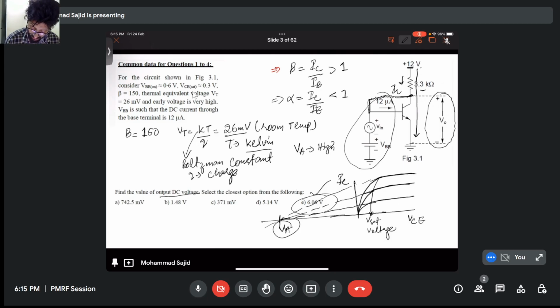But here this node and this node are disconnected and we are doing DC analysis, so we can directly use this loop independently, right? Okay, so just remember that from questions 1 to 4 we have common values of beta, VBE, VT, and IB of 12 microamp.